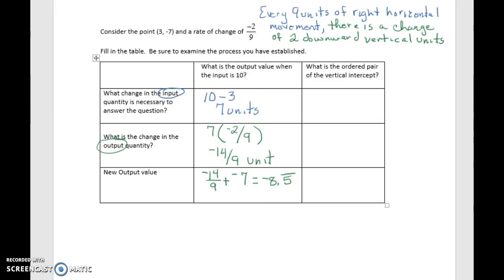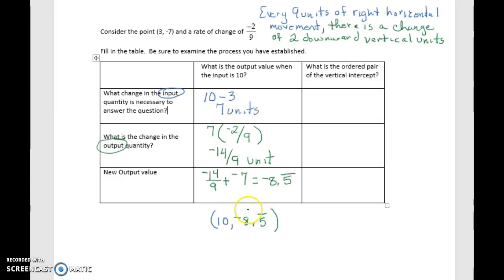If we want to write this as an ordered pair, again a point on the graph, we moved from that point at this rate so that we would end up at an input value of 10, and our output value is now at -8.5.